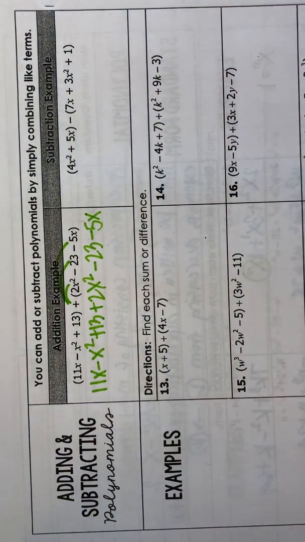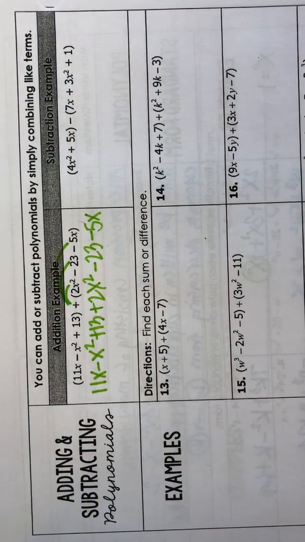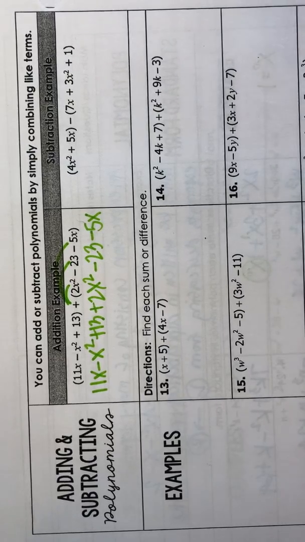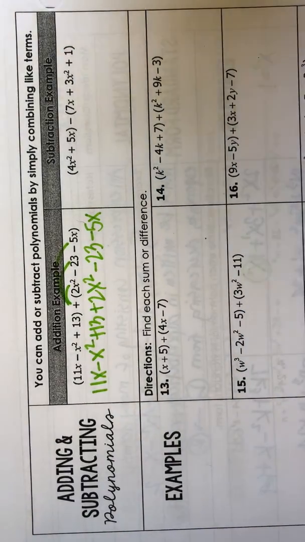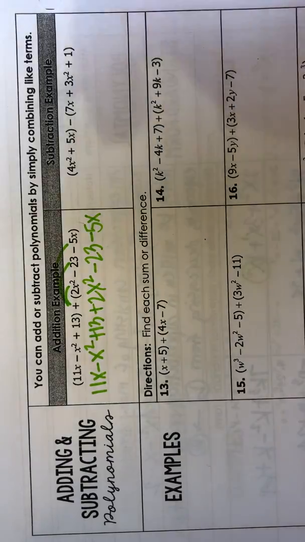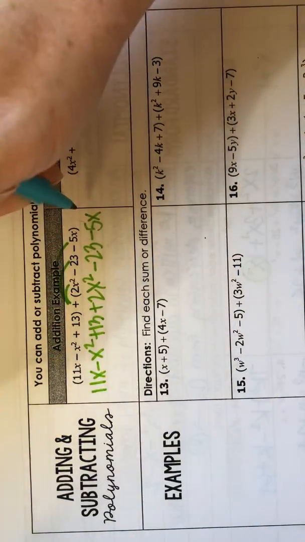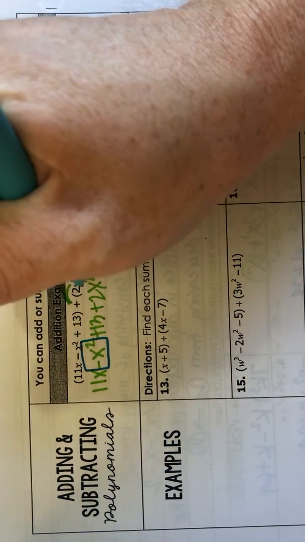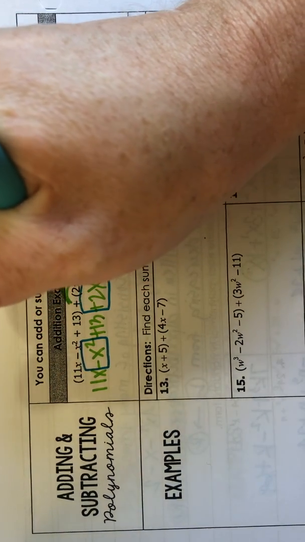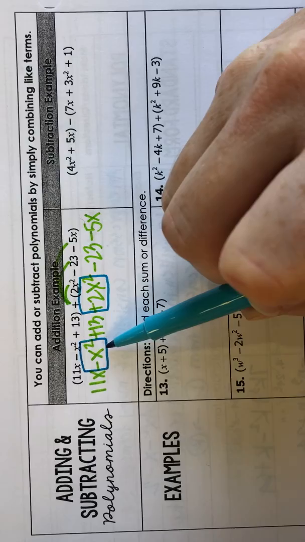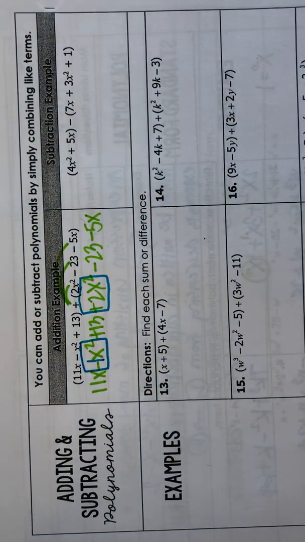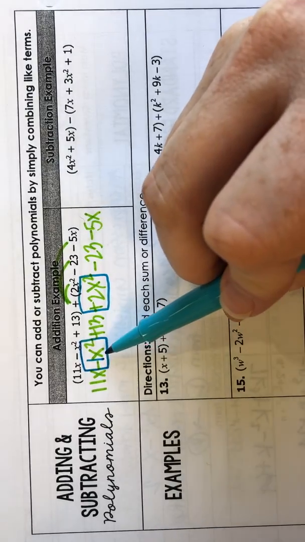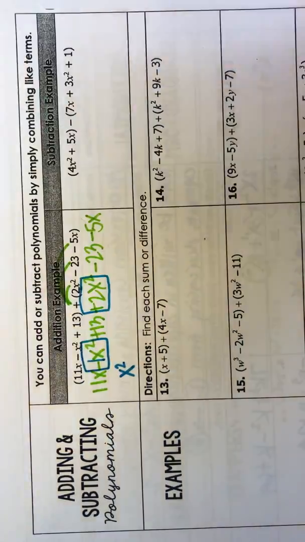So I want to kill 2 birds with 1 stone right here. I want to look for my highest power. I want to write it in standard form and combine my like terms at the same time. My highest power that I see is 2. So I am going to identify all of my x squared terms, keeping the sign with it. Remember, there's an understood 1 right here. Negative 1x squared plus 2x squared is just 1x squared.